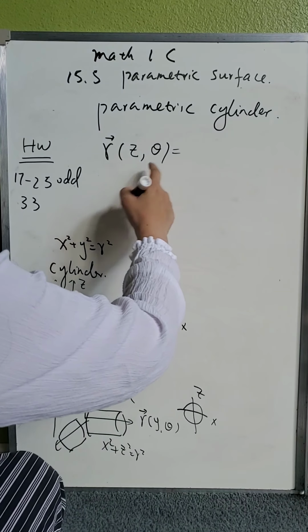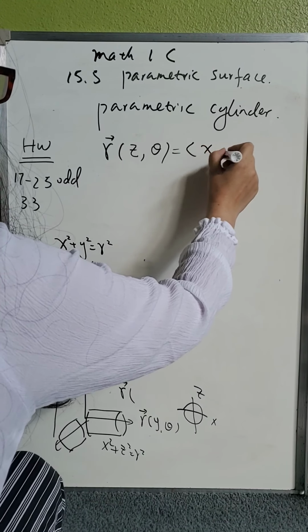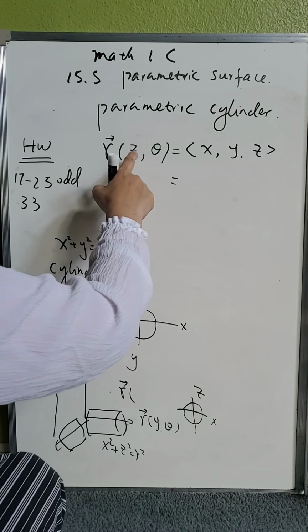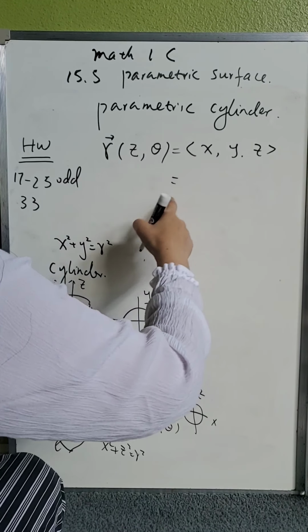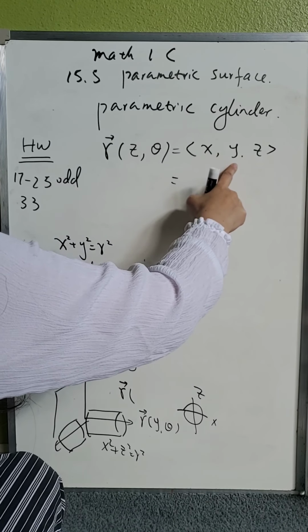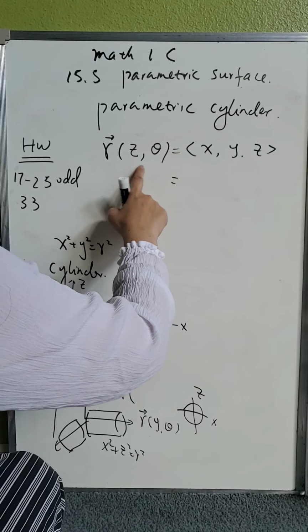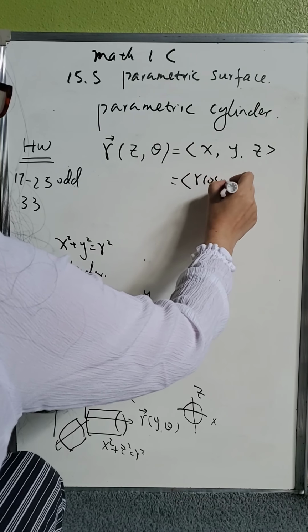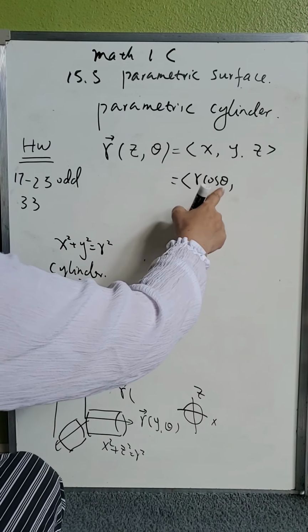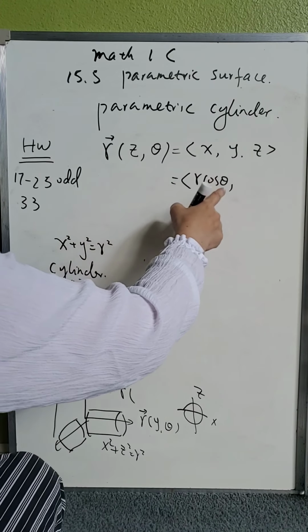So with r, theta, and z, you use x, y, z. But remember, you can only contain z and theta inside here. You cannot contain x and y. You can have a z, but you cannot have x and y, because you want these two as parameters. So your x becomes r cosine theta, that's what we did for line integrals, or r cosine t, but because we use theta now, you put theta here.